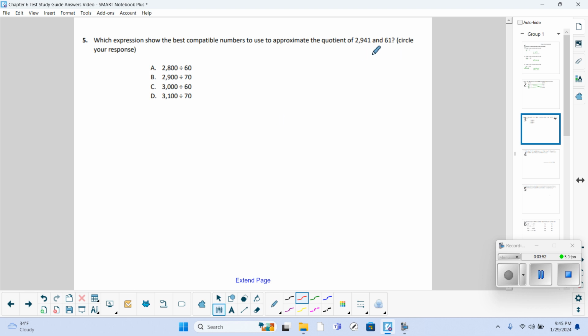I think the best numbers would be something like 30 divided by 6, and the answer that makes sense would be 3,000 divided by 60. That would be a nice mental math number. 28 divided by 6 does not go evenly. 29 divided by 7 doesn't go evenly. 31 divided by 7 doesn't go evenly. So yeah, that's the answer that makes the most sense.